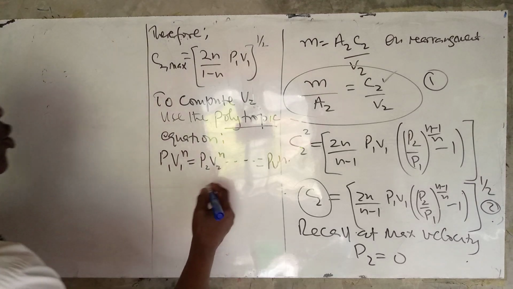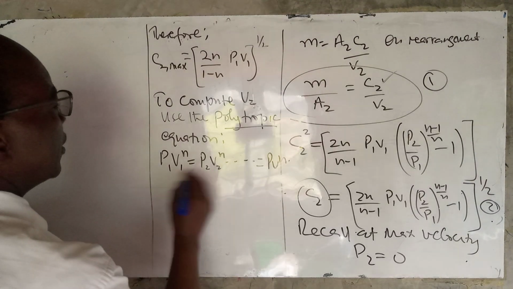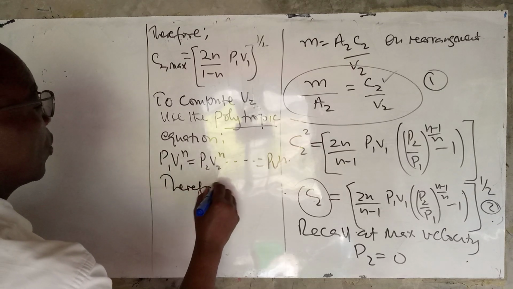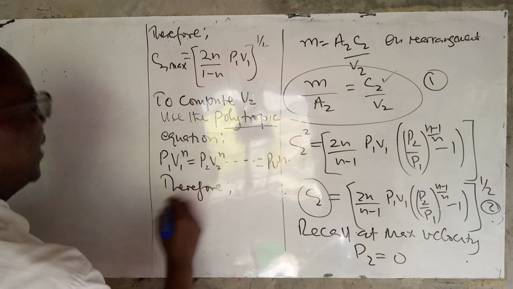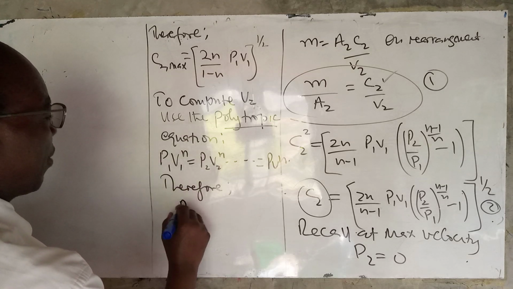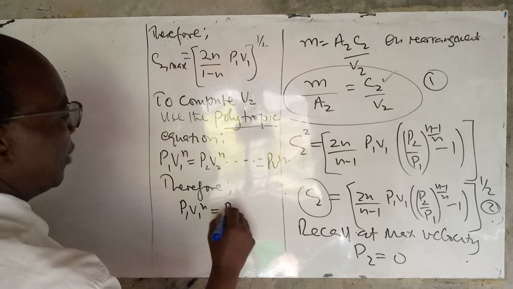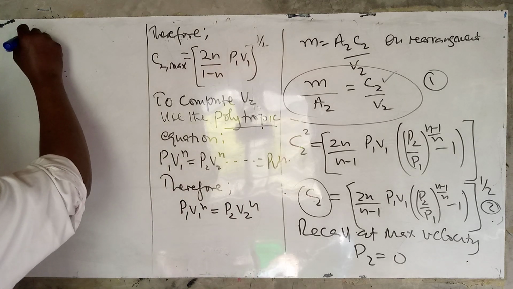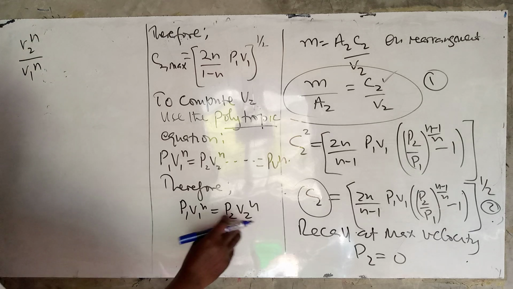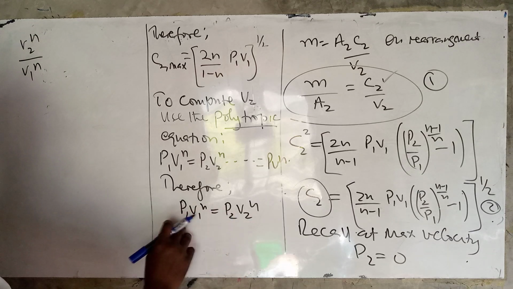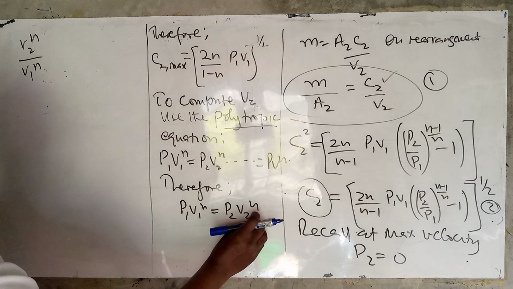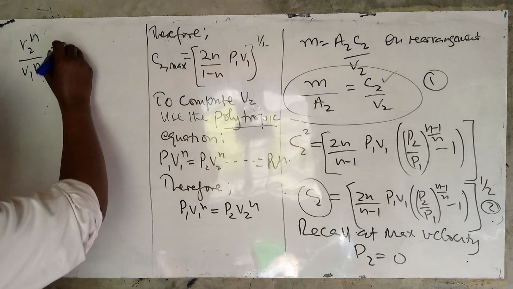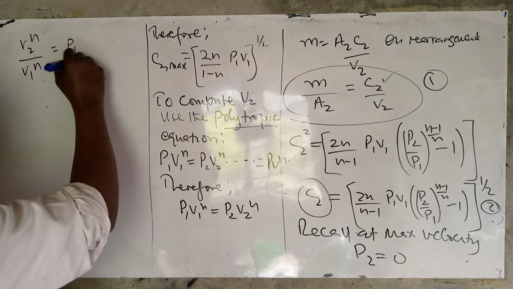So using the polytropic equation, therefore, what are we saying? We can say that V2, from P1 V1 to the n is equal to P2 V2 to the n, we can say that V2 to the n over V1 to the n, that's just dividing, will be P1 over P2.